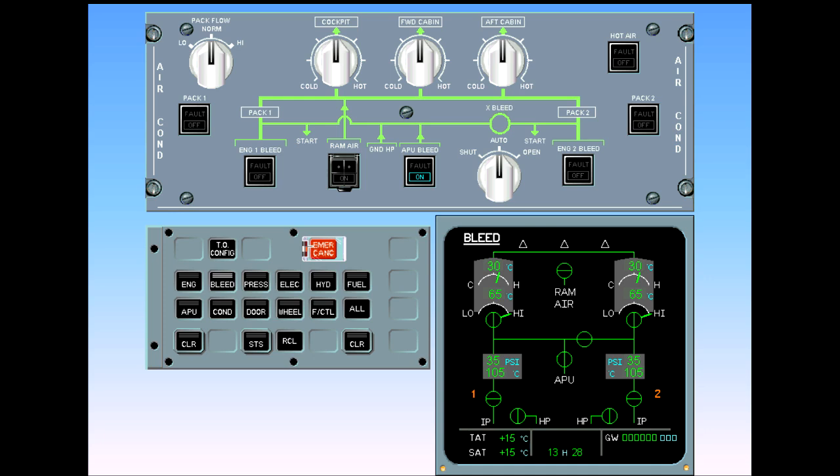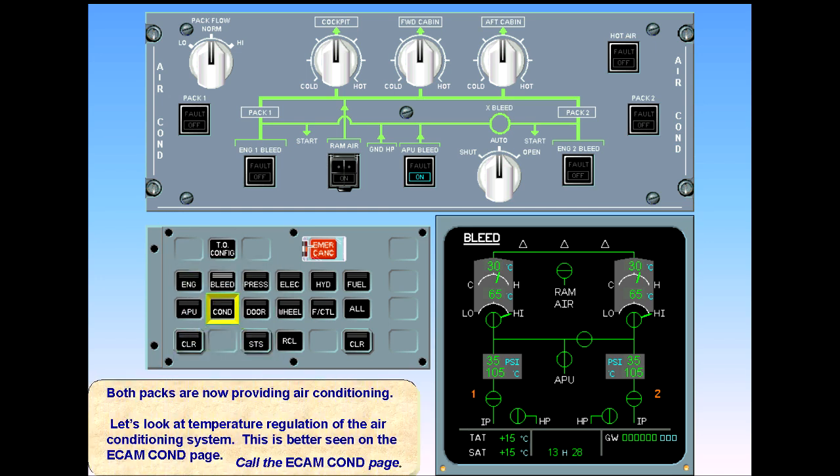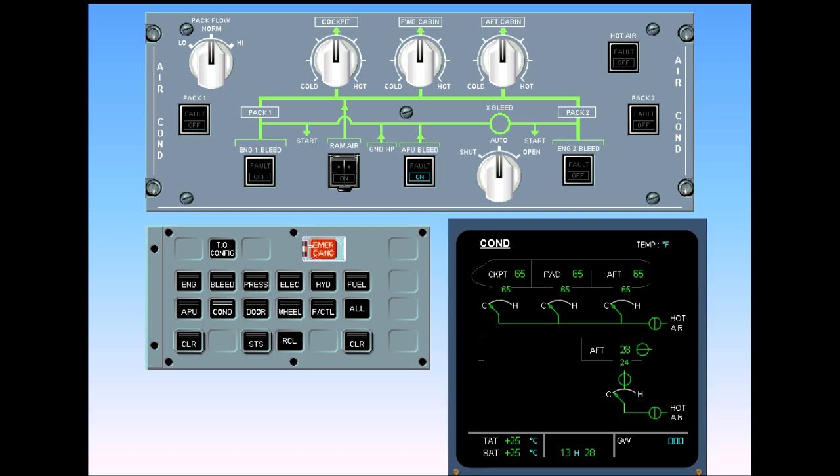Let's look at temperature regulation of the air conditioning system. This is better seen on the ECAM conditioning page. Call the ECAM conditioning page. We will concentrate on the upper part of the page.